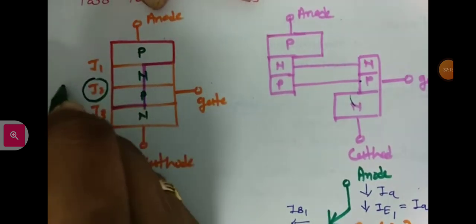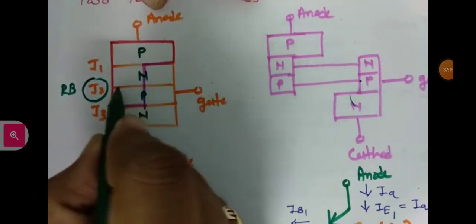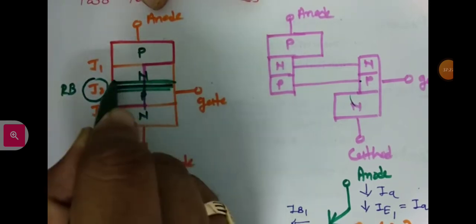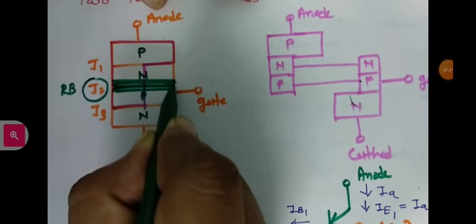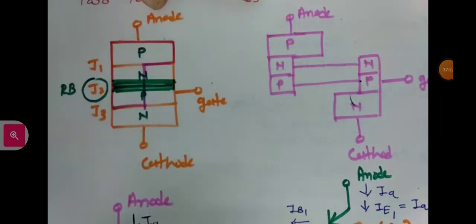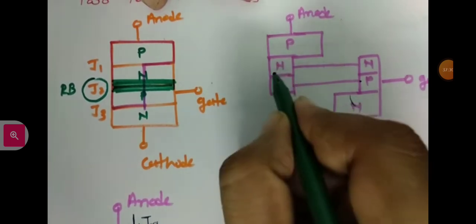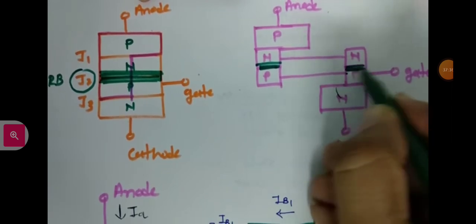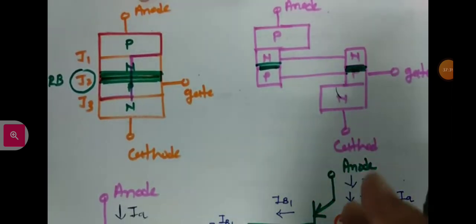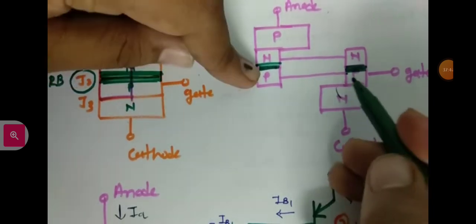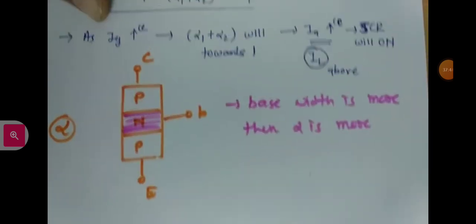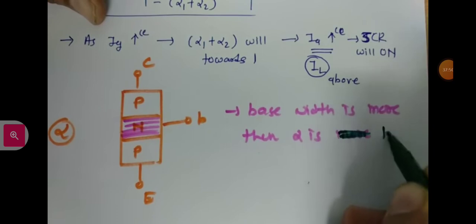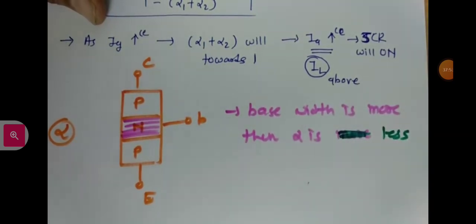As this junction is in reverse bias, its depletion width will increase. One can clearly see it will affect transistor 1 as well as transistor 2. So it is decreasing the width of the base. Sorry, I made a mistake: as width is more, alpha is less.